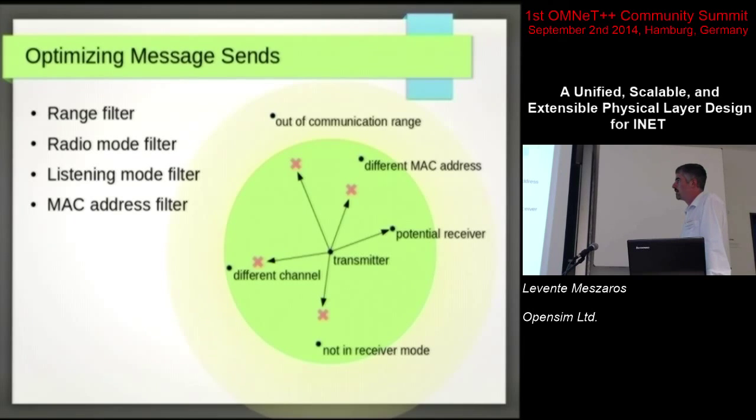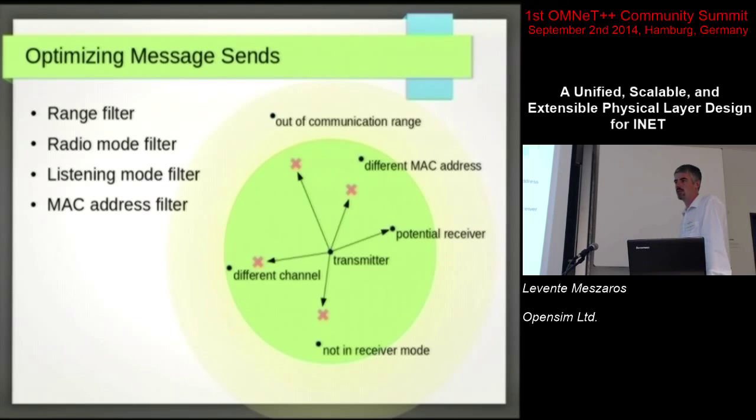And finally, the MAC address filter, if for example, the MAC address of the receiver is different than the destination that is in the packet, then it might be useless, or it might be beneficial to skip those kind of messages.